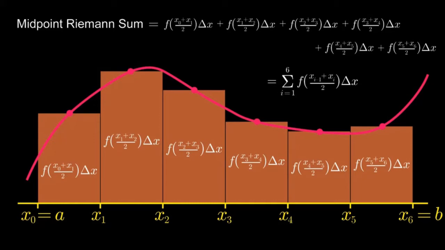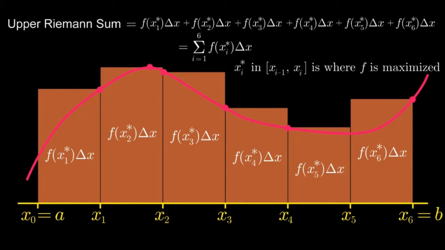Add up the 6 rectangular areas, and you get the approximation to the area under the curve, which is called the midpoint Riemann sum. Look carefully at this picture and see if your intuition agrees that, as I've suggested, this estimate for the area under the curve is usually more accurate than the left or right Riemann sum.